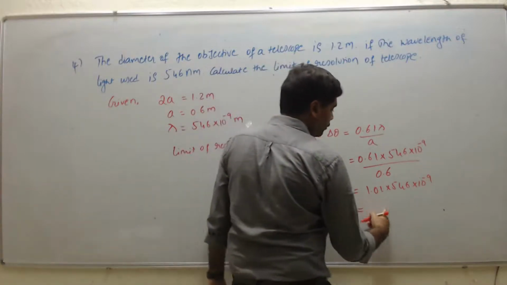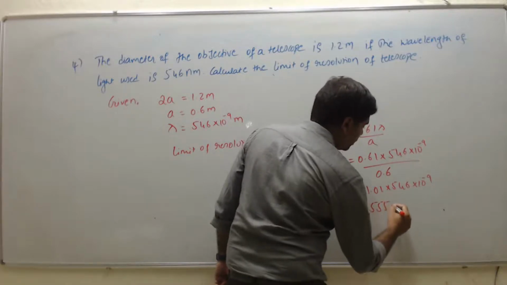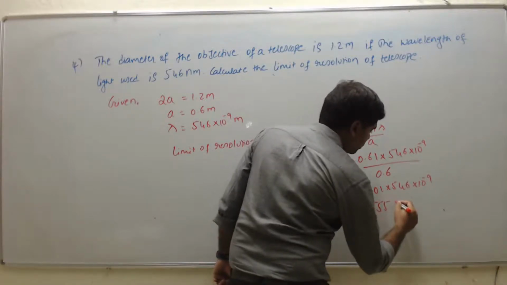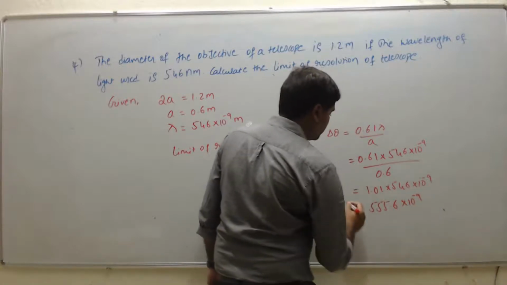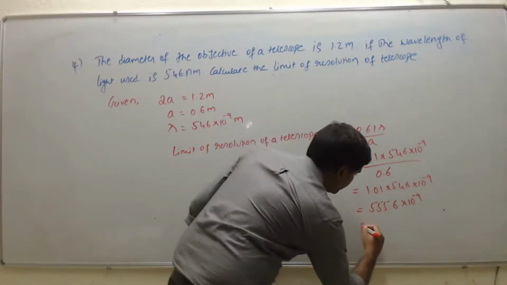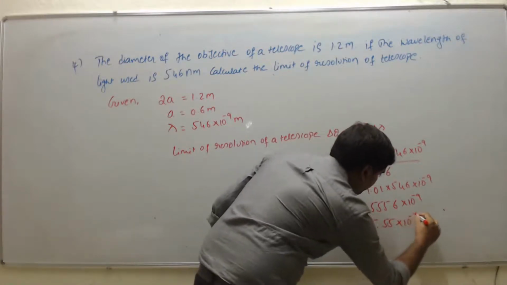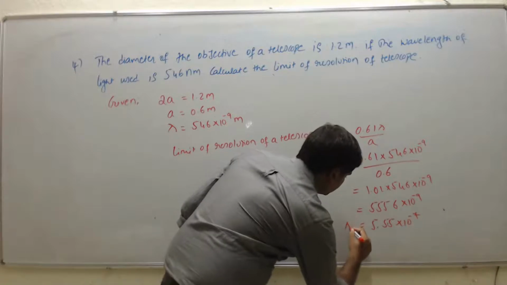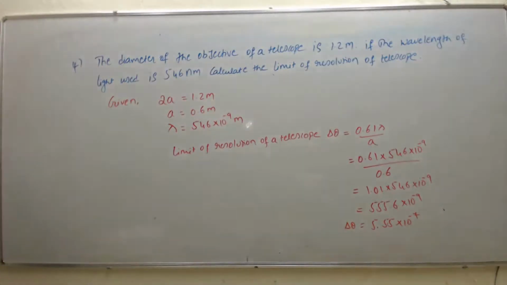Then we get 555.6 into 10 to the power of minus 9. So if we shift, we get 5.55 into 10 to the power of minus 7. That is delta theta, the limit of resolution.